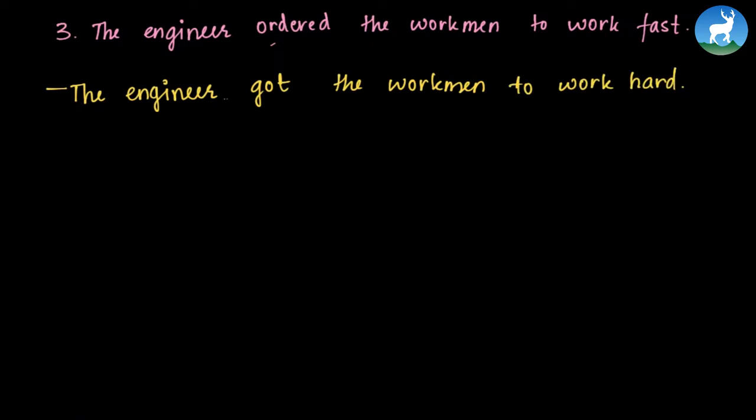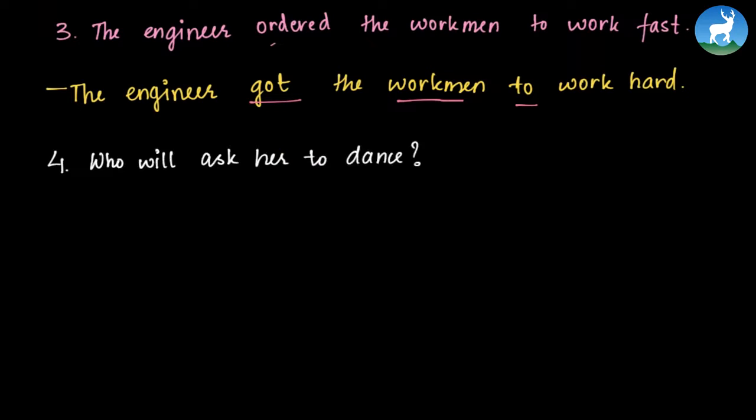Because we are using the structure with get, we add to in front of the base verb, and here we are not using the past participle form because the agent, workmen, is defined. Another question, who will ask her to dance? We can rewrite it as who will get her to dance?